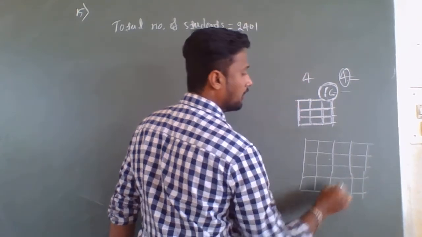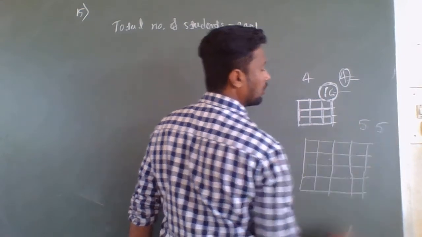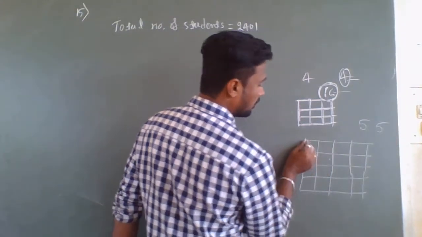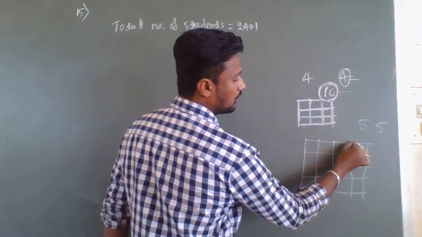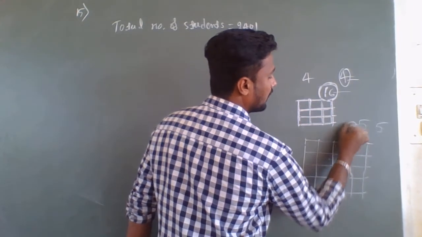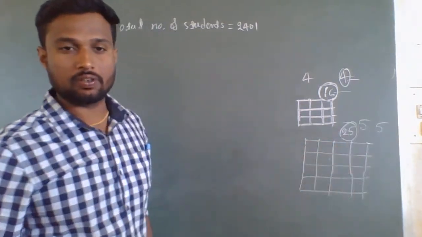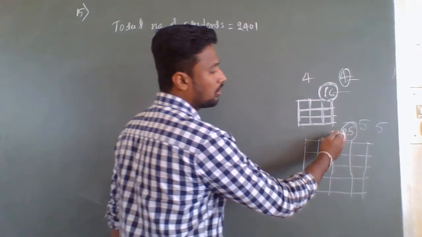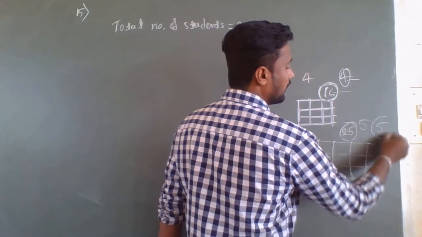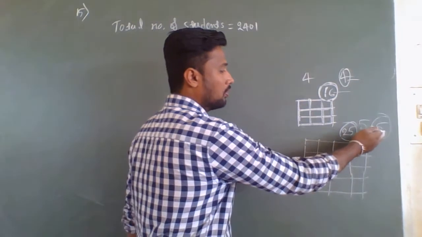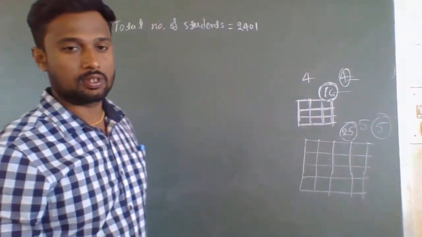So here we have 5 rows and 5 columns, equal number of rows and equal number of columns. So how many students will be there? You can count these points. You will get 25. So this 25 is also a square number and the square root of 25 is 5. What is this 5? 5 is the number of rows or number of columns.